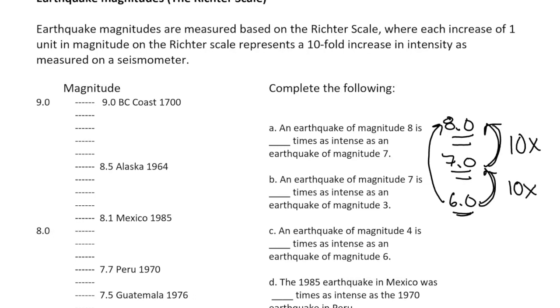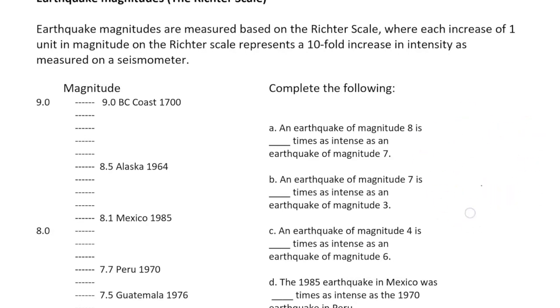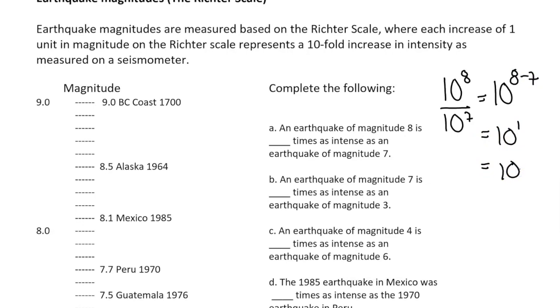So if we take a look at the example of the 8 and the 7, you could say something like this. I'm just going to erase this here. 10 to the power of 8 divided by 10 to the power of 7 equals 10 to the 8 minus 7, which is 10 to the 1, which would be 10 times as intense.